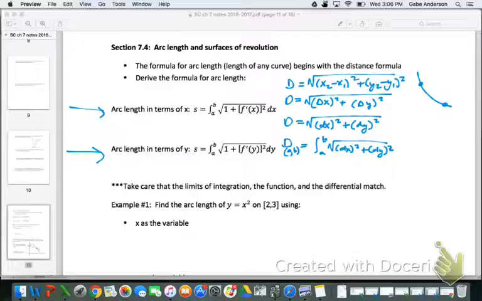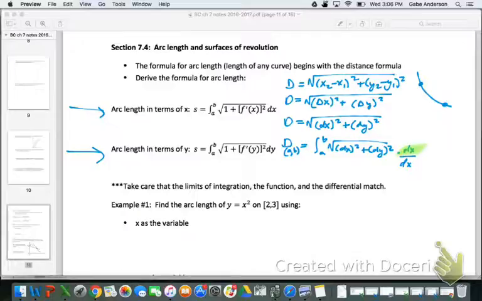Here's where it comes from. We're going to take this and multiply it by a really strategic 1. And here's my 1. I'm going to multiply by dx over dx. So here's how this works. I'm going to leave this dx outside of the square root, and I'm going to multiply the denominator dx into the square root. Let's think about how that works. To get out of a square root, don't you have to square root the thing that's coming out? So to get back in, what do you have to do?